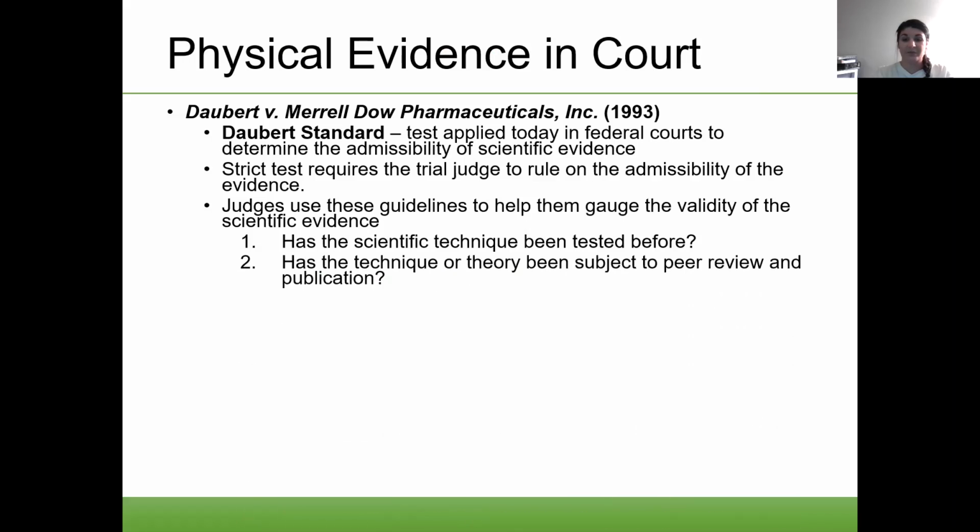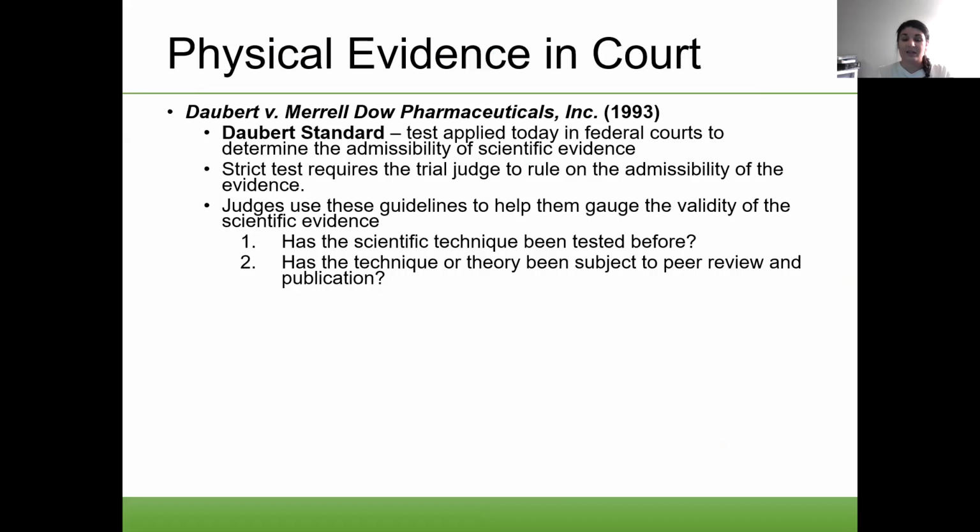Has the technique or theory been subject to peer review and publication? Usually to have a SOP, a standard operating procedure, which says how you do a test or analysis, is based on the test results and research that has been done on a certain technique or theory.